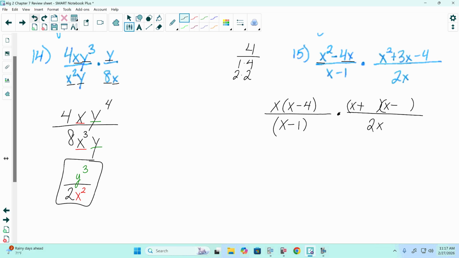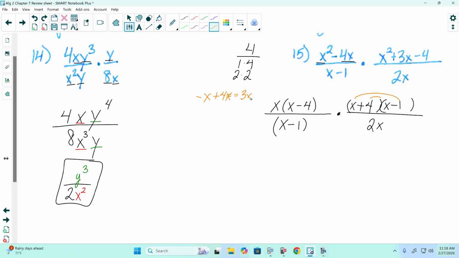So if I want something to reduce, it'd be nice if one of these sets of parentheses is x minus 1, because once we multiply, we'd have x minus 1 on top and bottom, which would mean the other would have to be x plus 4. Now we can check this to make sure. X times negative 1 is negative x. Positive 4 times x would be positive 4x.